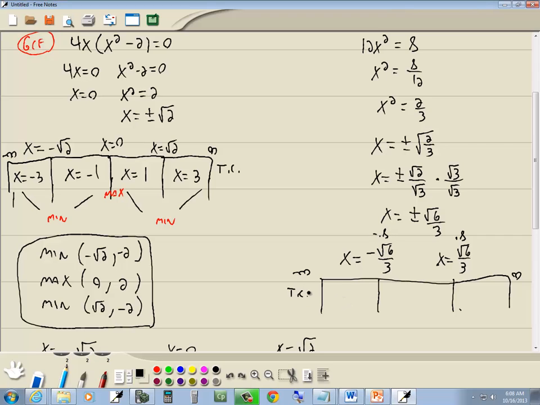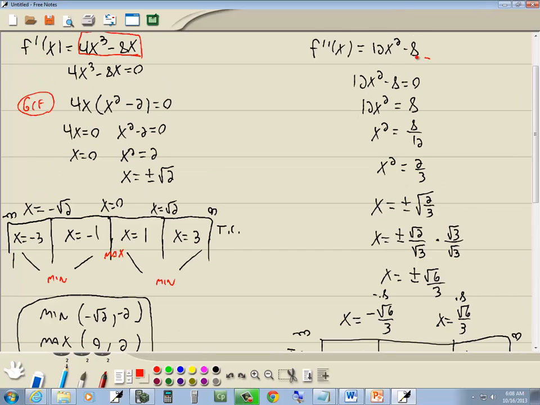So choosing test cases. Choose something between -infinity and -square root of 6 over 3: -2. Something between -0.8 and 0.8: 0. And something greater than 0.8: 2. Now we want to plug those into our second derivative. Let me go back up here.